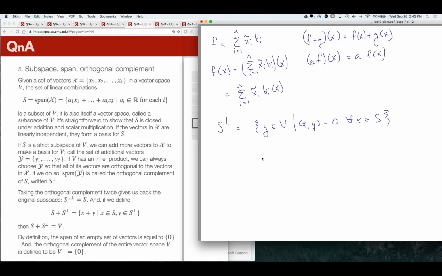Geometrically, we have our ambient vector space V. We have some subspace, let's say the xy plane, and we take everything that is orthogonal to that. So this is S, and this is S orthogonal complement. And I'll just, for clarity, write a little orthogonality sign there.